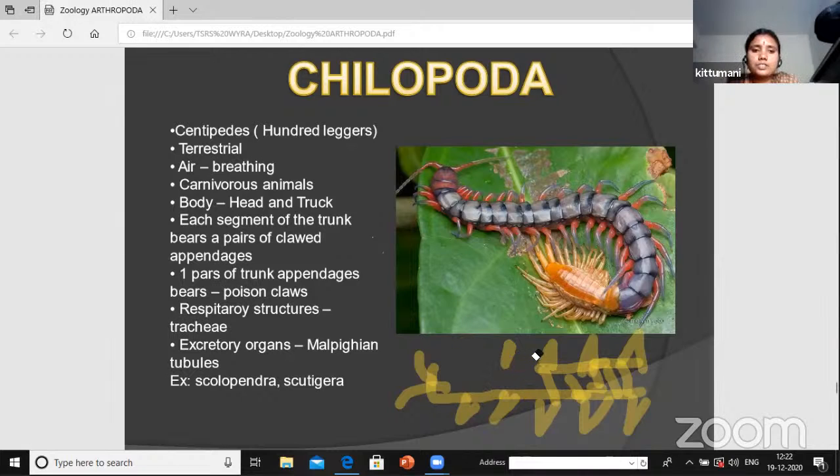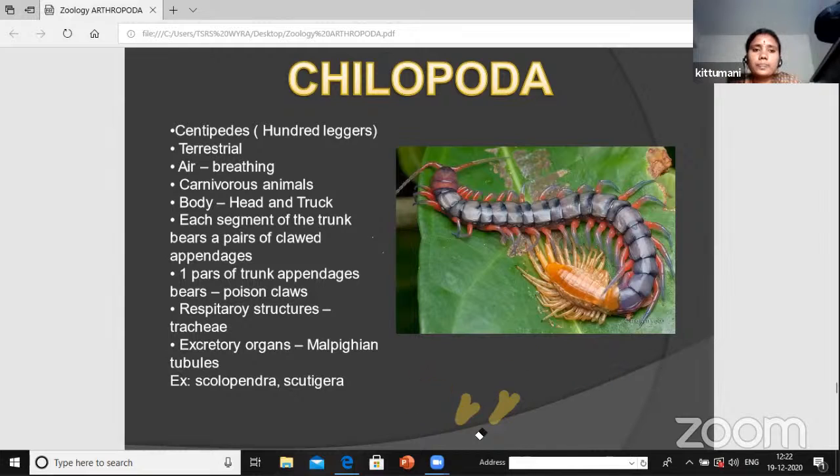Okay, students, next, what are the respiratory structures we observe in the Chilopoda? The trachea. Why? Because they are related to terrestrial mode, so they respire through the trachea.